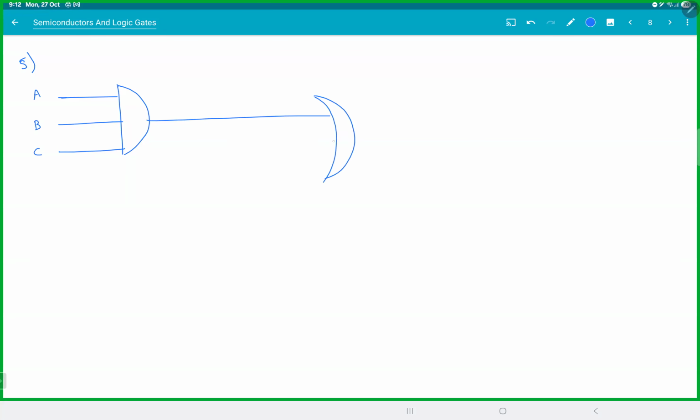So you will find a 3 input version of this thing also. What is the final output?